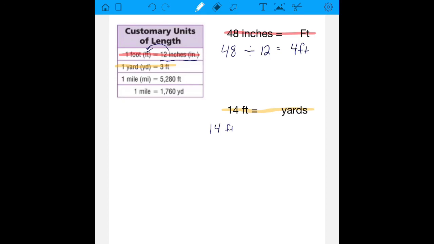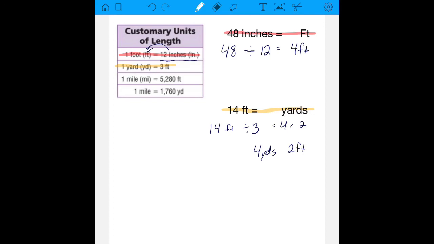In this case, I'm going to divide it by 3. When I do 14 divided by 3, I end up getting 4 remainder 2, which means that inside of 14 feet, I have 4 yards with 2 feet left over. That remainder becomes how many feet you have left over.